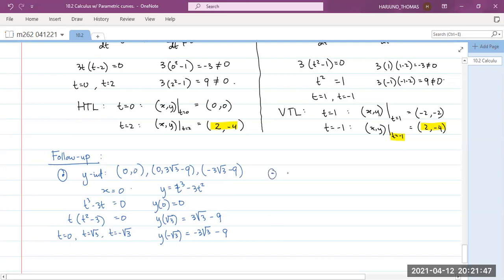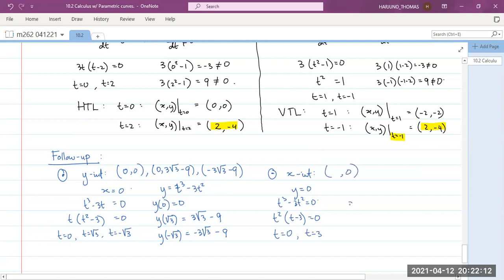How about the x-intercept? The x-intercept is when y equals 0. So t cubed minus 3t squared equals 0. T squared times t minus 3 equals 0. So either t equals 0 or t equals 3.